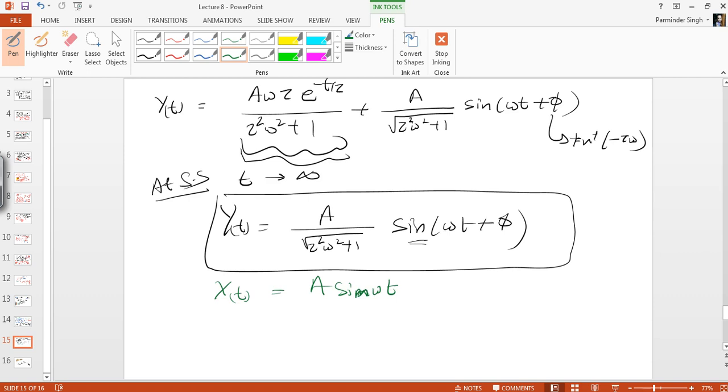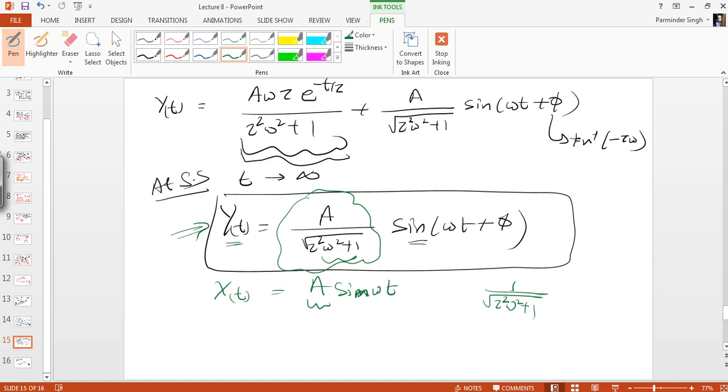And if you compare the amplitude, the constants of both input and output, you can see the output amplitude is smaller than the input amplitude by a factor of 1 over tau square omega square plus 1.